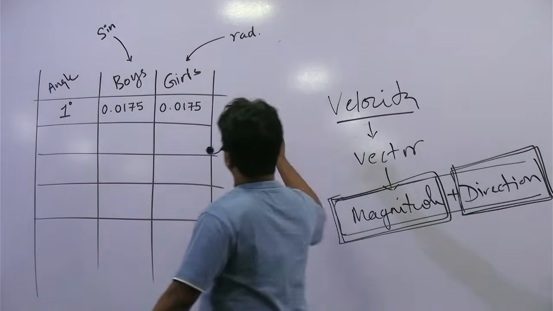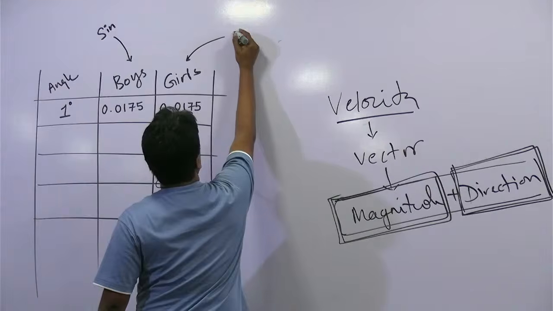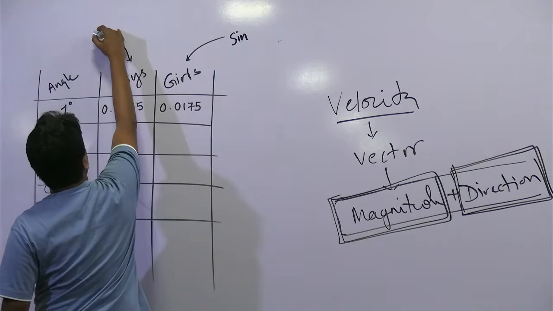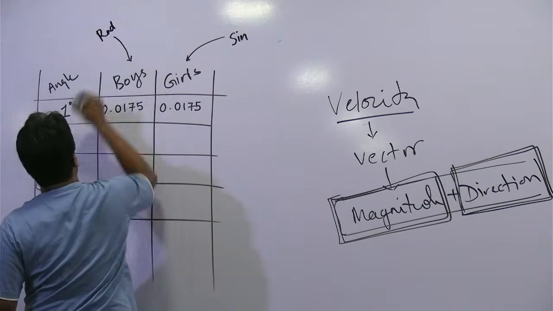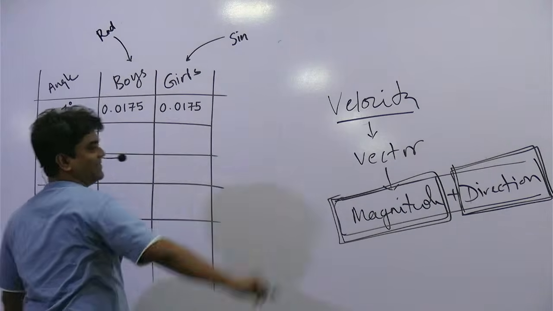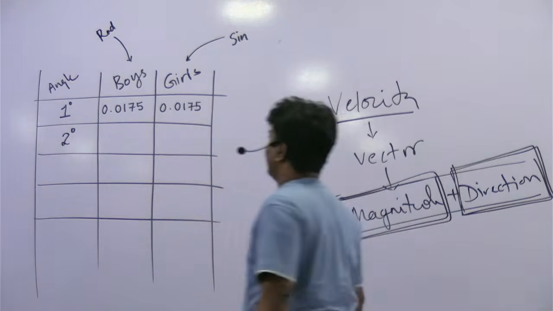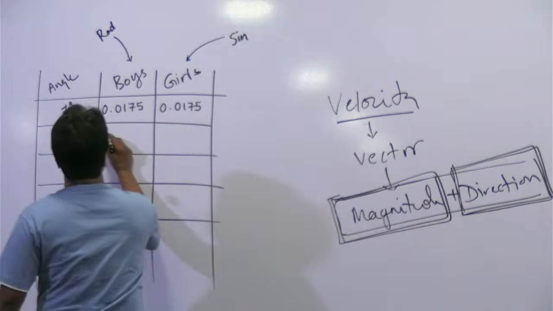Right. Now girls finding the sine value and boys finding the radian value of 2 degree. Find the values.